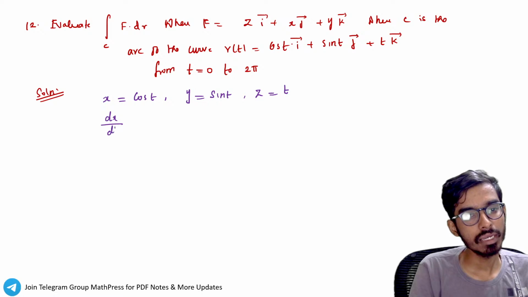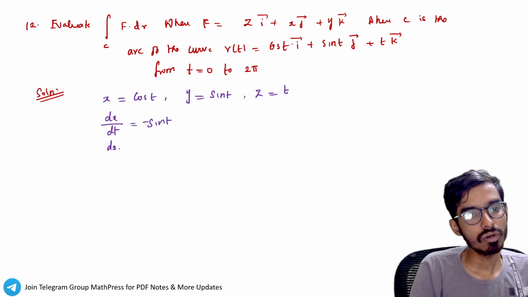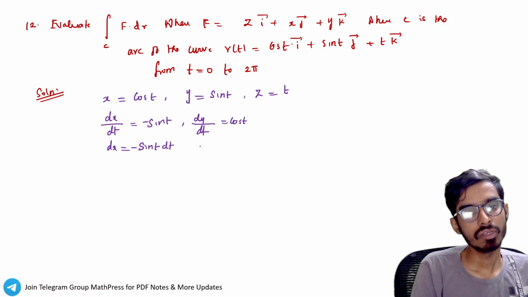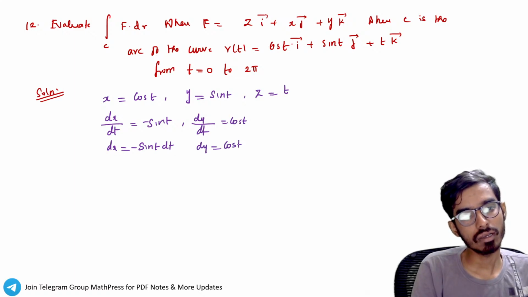So dx by dt is minus sin t. Therefore dx is minus sin t dt. And dy by dt is cos t. So therefore dy is cos t dt, and dz by dt is 1. Therefore dz is equal to dt.